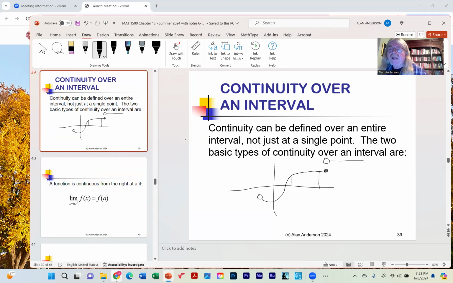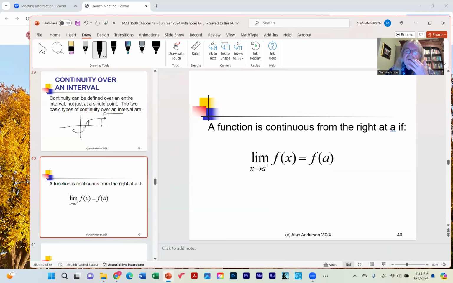Okay, so within that range or interval, the function is continuous. So it may be that we can use it even though it's discontinuous outside that range, depending what the application is. So a function is said to be continuous from the right if the limit from the right equals f of a. Okay, so don't forget this little plus is here.